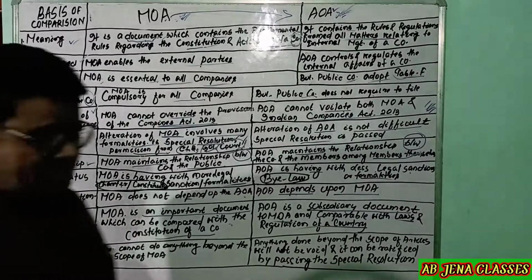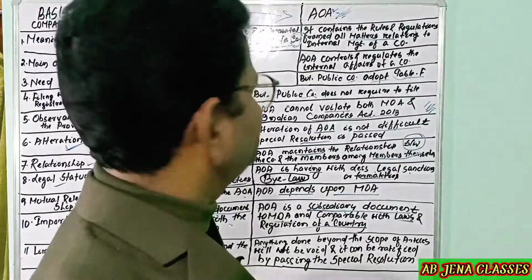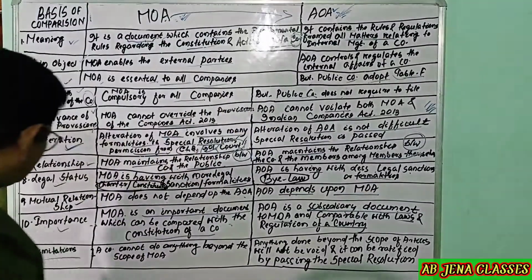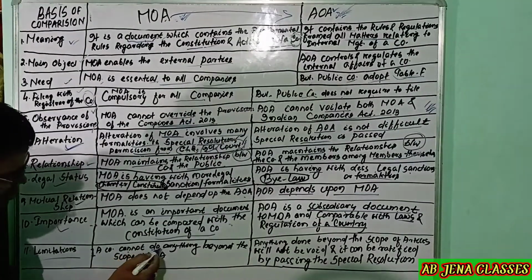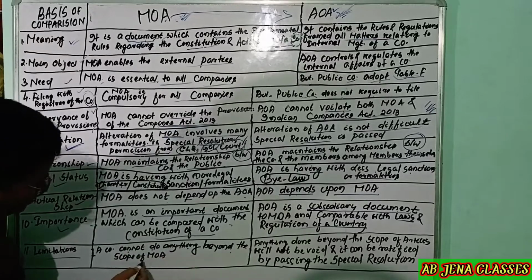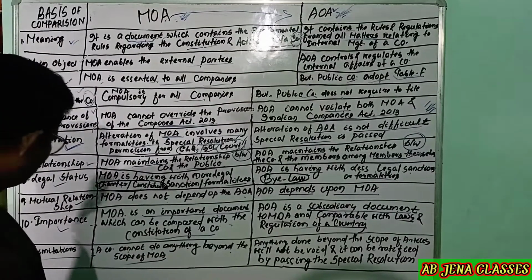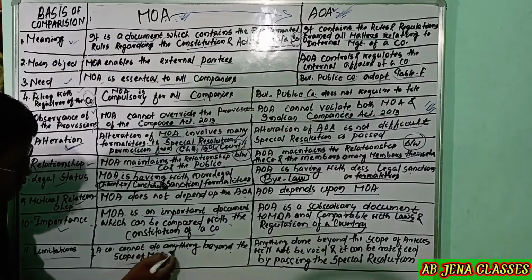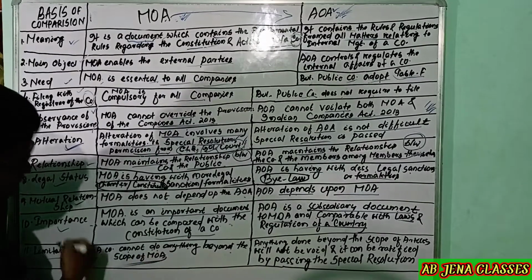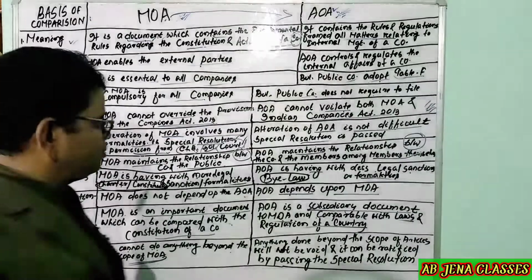Last but not the least, the basis of comparison is limitation. A company cannot do anything beyond the scope of the Memorandum of Association.